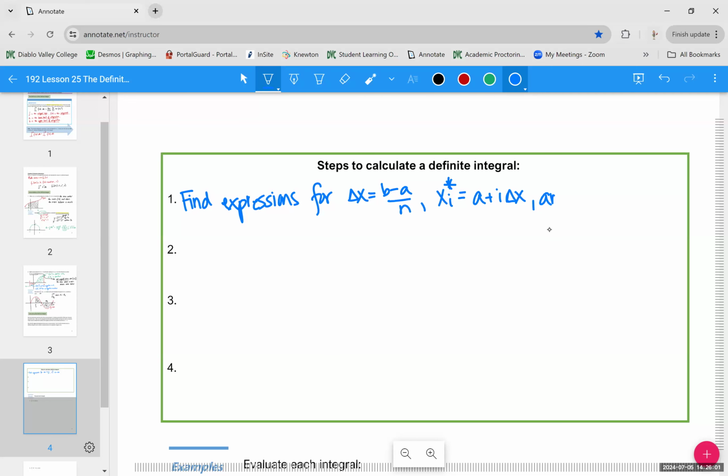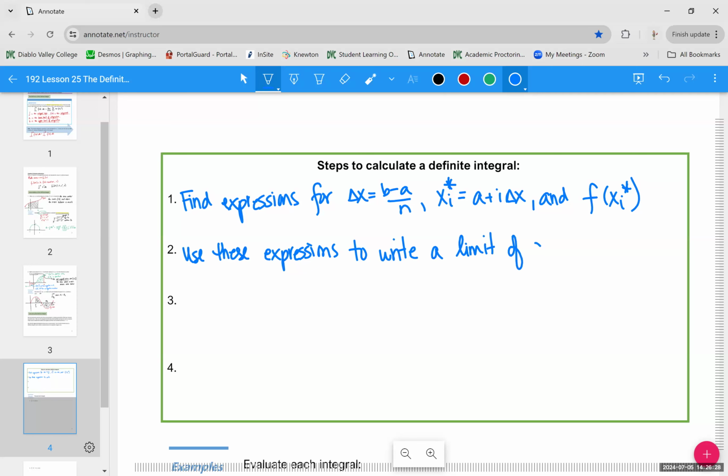Then we plug those x sub i star expressions into the function itself. Once we do that, we use these expressions we just found to write a limit of a Riemann sum. So these are the two steps that we have already done.